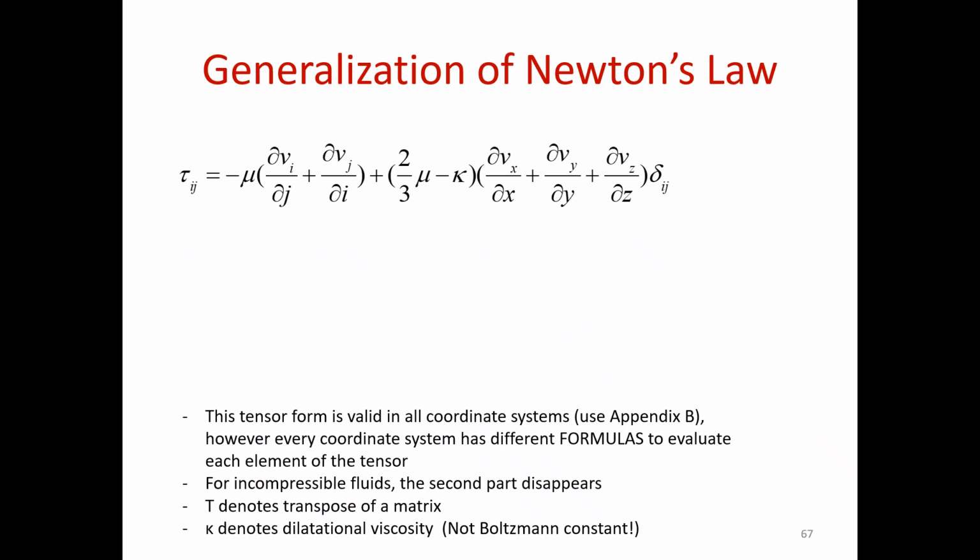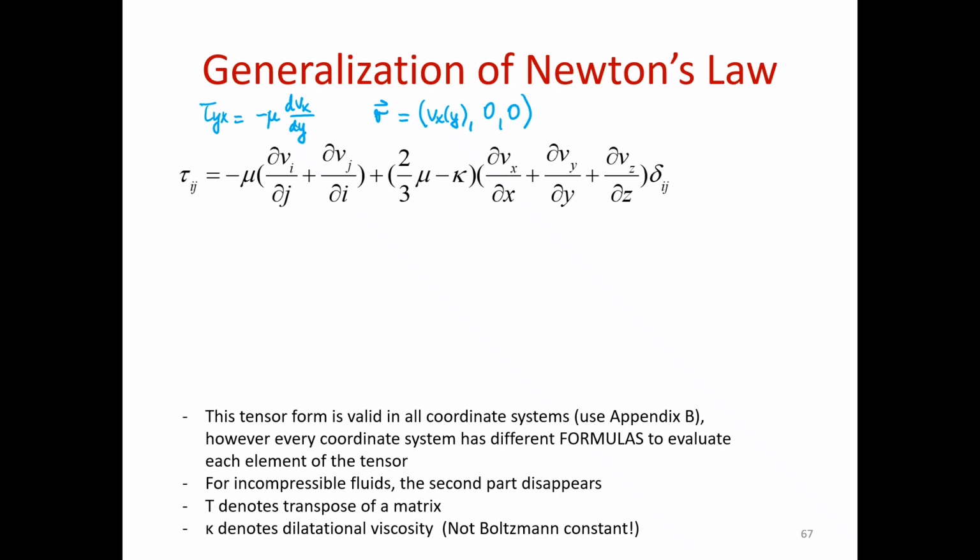So I don't only have just one term anymore. We used to have tau yx is minus mu dvx/dy, but that was for the case of v having vx of y and no other components.